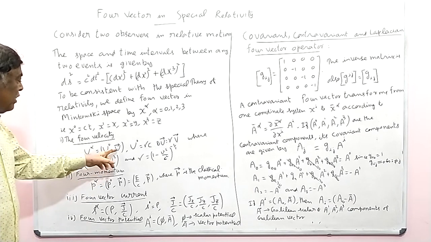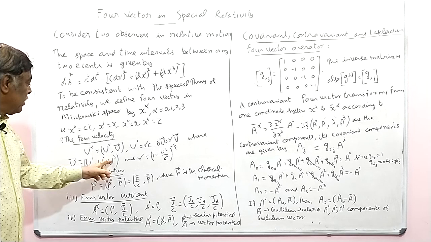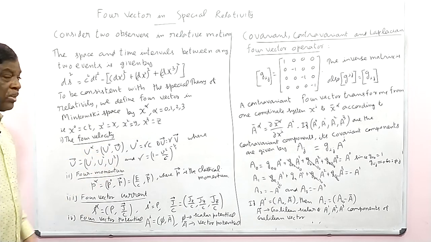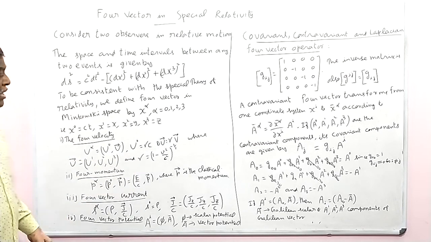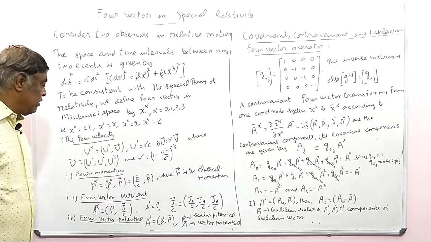So finally it has u0, u1, u2, u3, four components. And here gamma is given by 1 minus v square by c square whole power minus half.